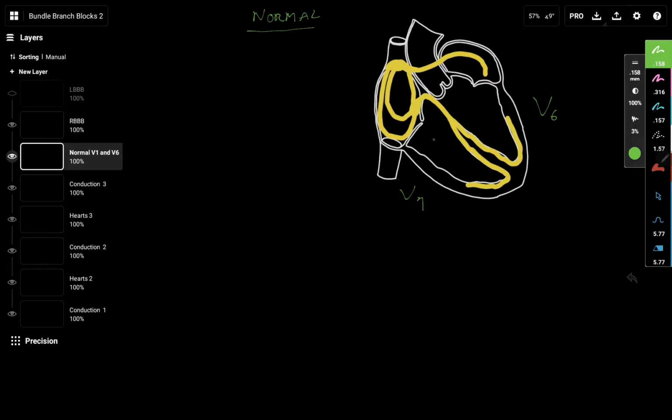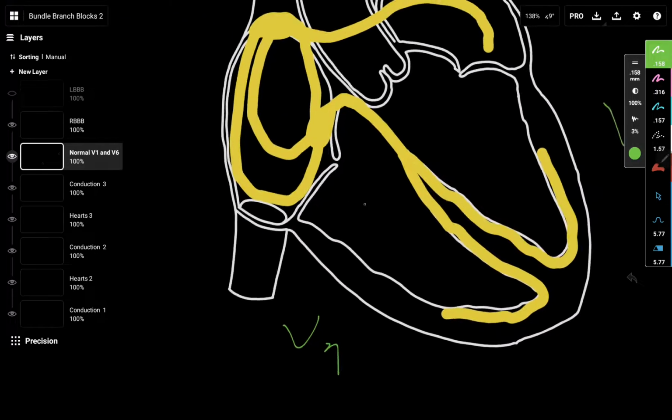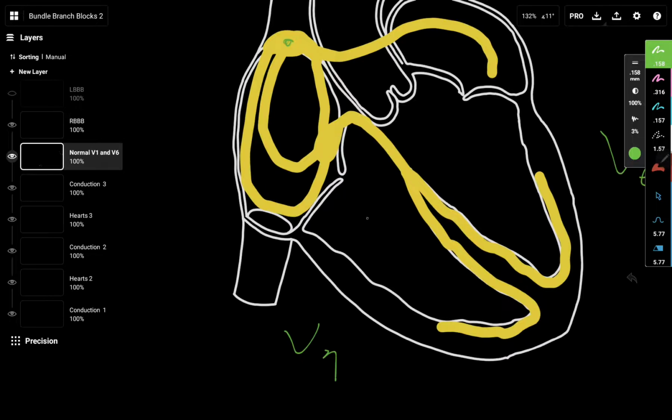Obviously my action potential will begin at first from my SA node, travel down to my AV node, have a small delay in here, go down my bundle of His, and then usually it will travel first down my left bundle branch, and while this happens, the action potential then gets transferred.